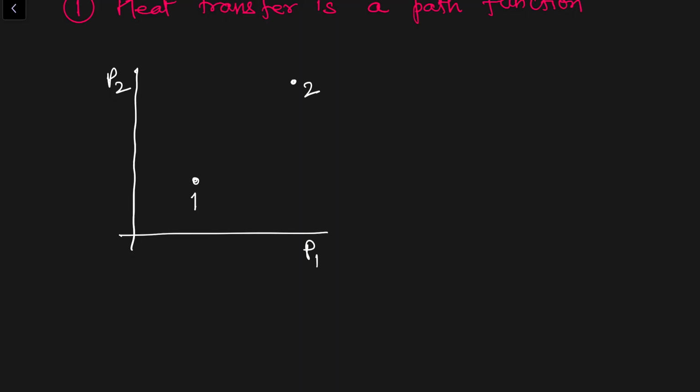So from 1 to 2 we can go by A, and then from 2 to 1 we can come either by path B, or we can also come by another path which can be C. So if you see here, we have two cycles.